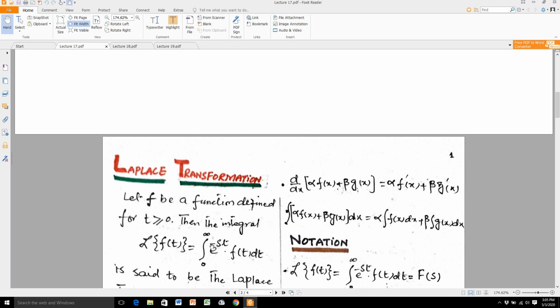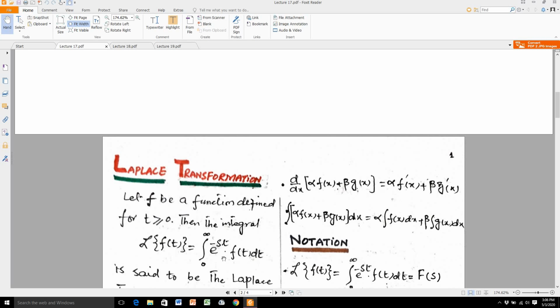Another way that we define the Laplace transform is as the product of the exponential function with a real time function, and this product is integrated from 0 to infinity with respect to t.